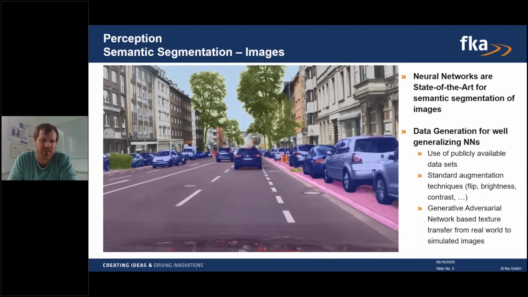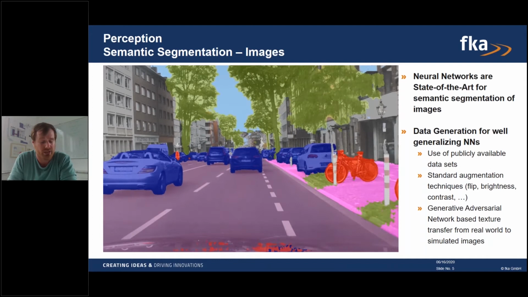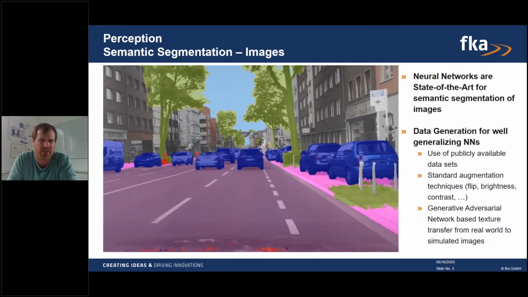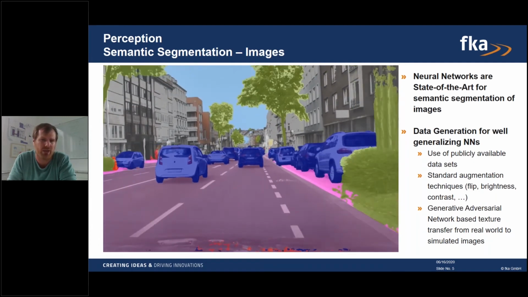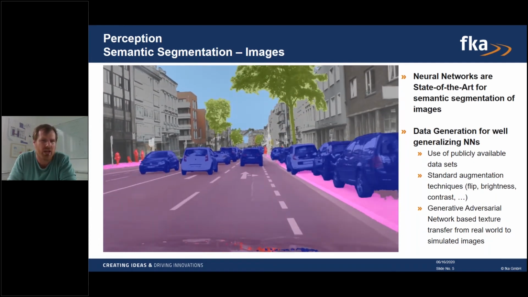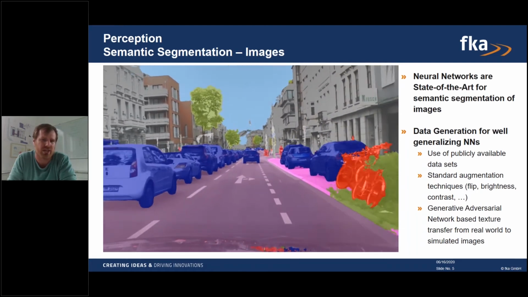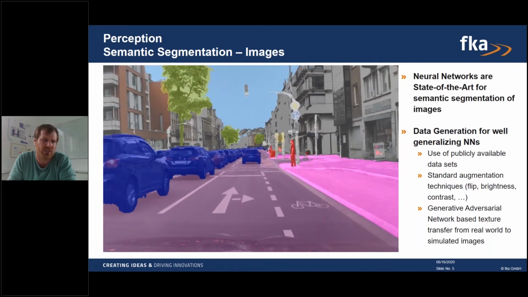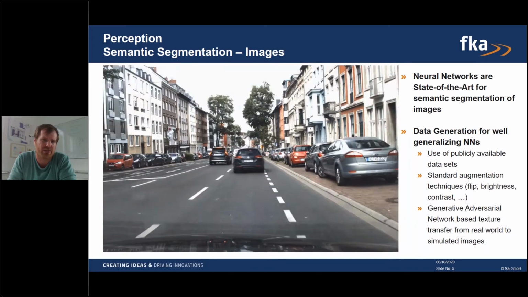There is the KITTI data set, and we have seen a lot of new data sets, especially for automated driving, like the Waymo data set. So that's what's basically available, and what these data sets include is basically the images or the sensor data and the annotation. So you basically use the annotations to actually train the networks.